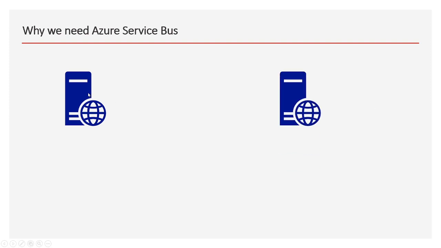Okay, so this one is the left service and this one is the right service, and you can see the variable load. Suppose I am using the left service front facing to the client, and it has a huge demand in load. Sometimes it peaks and sometimes it goes down, and the second service is dependent upon the first service.